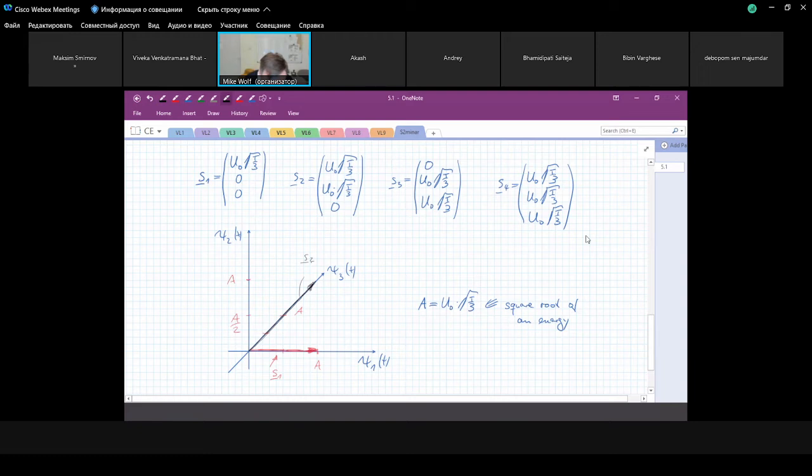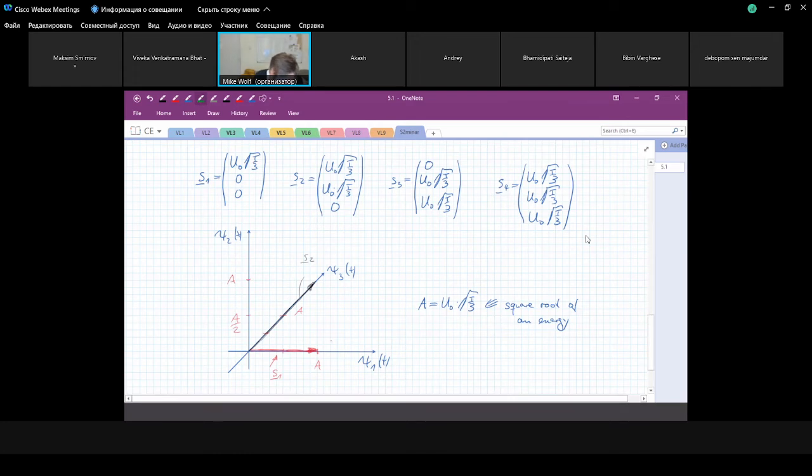And then we could say, okay, how can we obtain S3? For S3, we have no component with respect to the first basis function. We have this component with respect to the second basis function and this with respect to the third basis function. So we could do it like this, let's say.